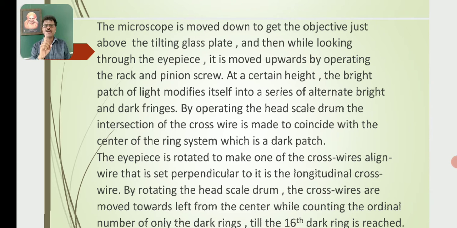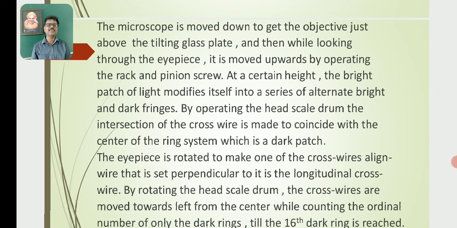At a certain height, the bright patch of light modifies itself into a series of alternating bright and dark fringes with a dark central spot. By operating the head scale drum, the intersection of the crosswire can be made to coincide with the center of the ring system, which is a dark patch.